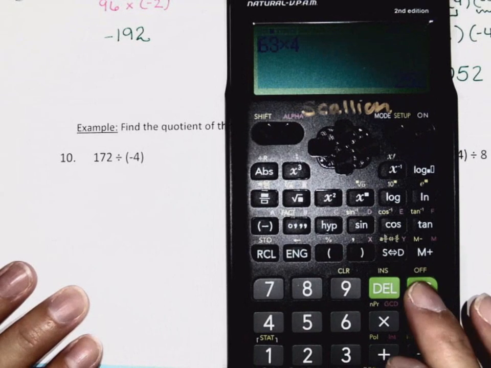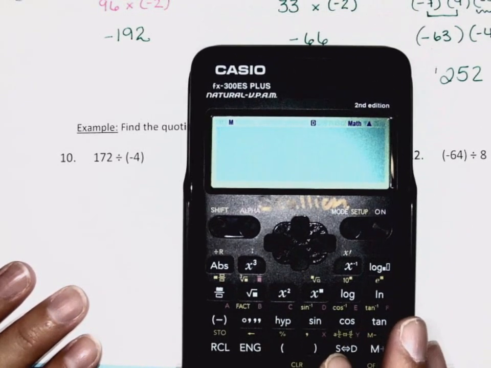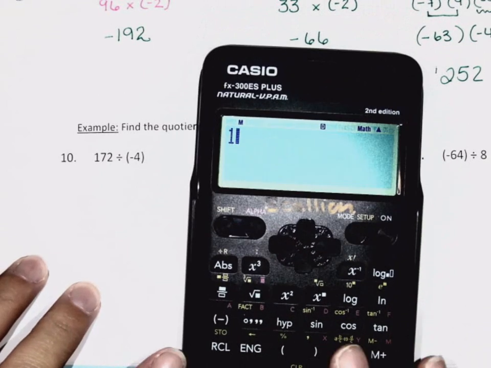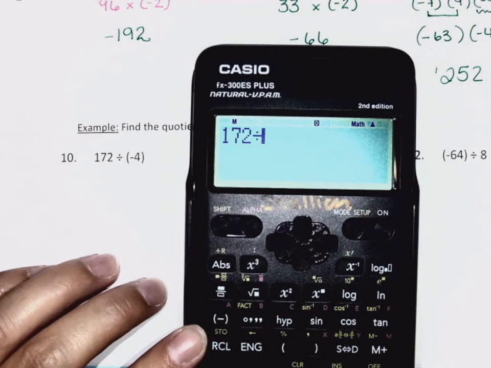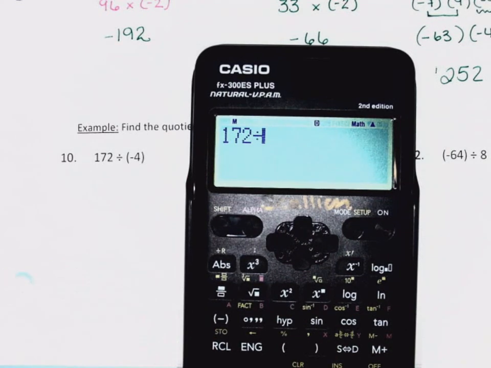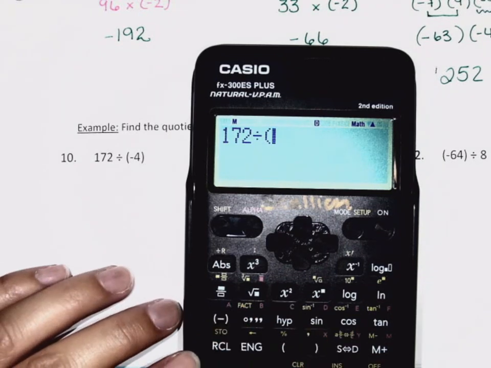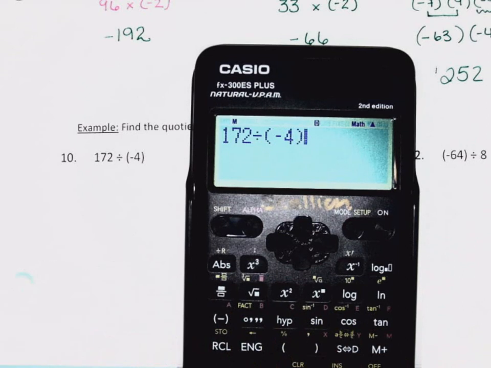So in our calculators, we put it in as we see it. So we're going to put in 172 divided by, and this is where you can use brackets. Most scientific calculators will have brackets. And then I'm going to use my negative button, and then 4, and then I'm going to close my bracket. So what I'm putting into the calculator looks exactly like what's on the page.